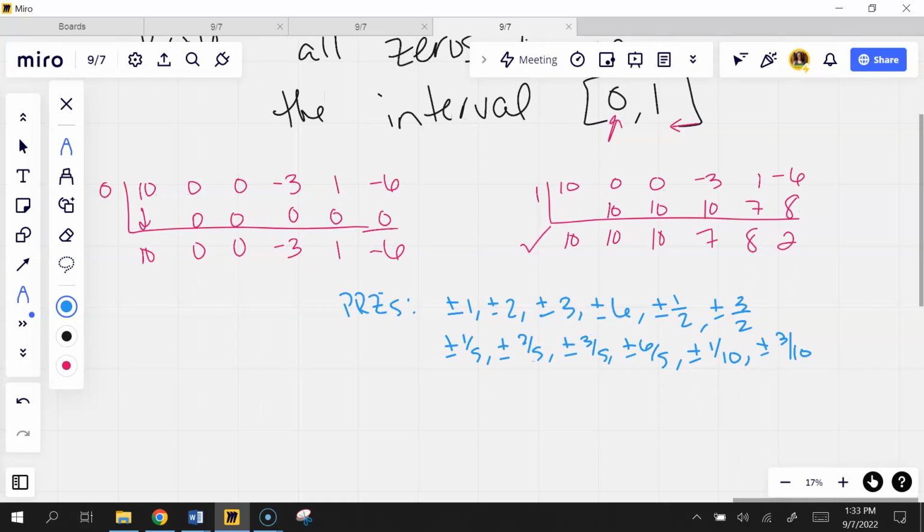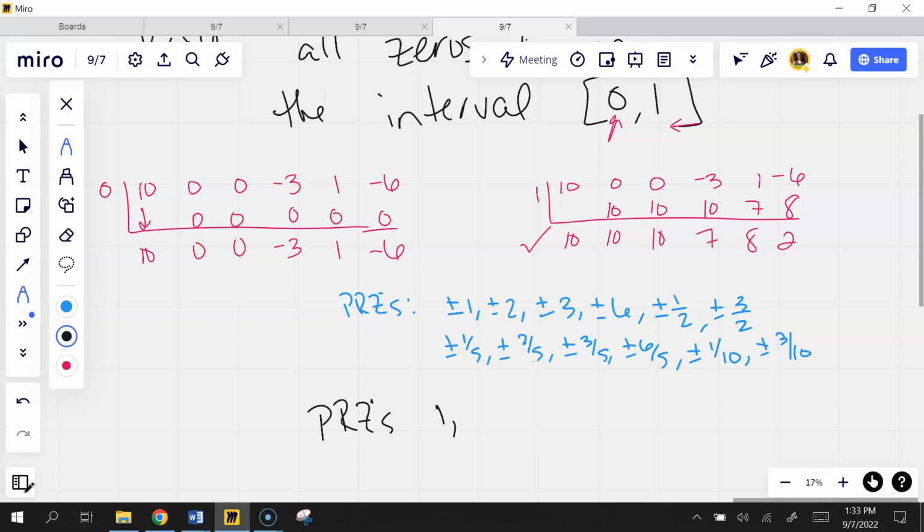Why is it helpful that I have an upper bound and a lower bound? Look at everything that eliminates. That means now my PRZs are actually, it eliminates anything that's not between 0 and 1.